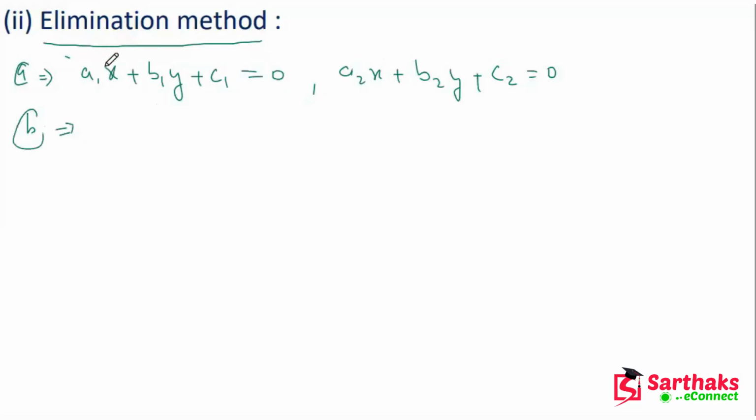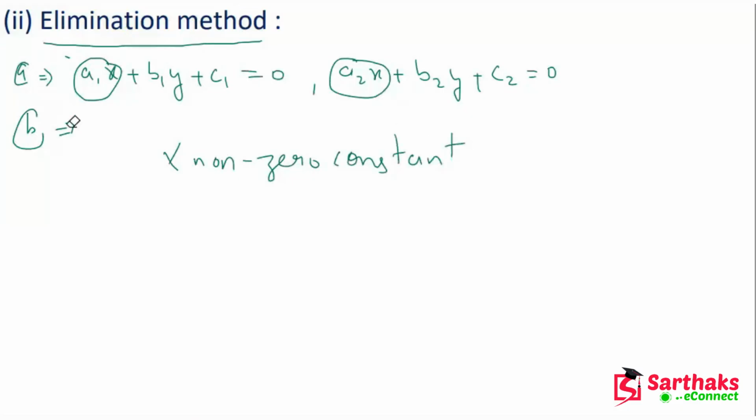For making the coefficient of x equal, x or y, you can make the coefficient of y equal also. So we have to multiply by a suitable non-zero constant.